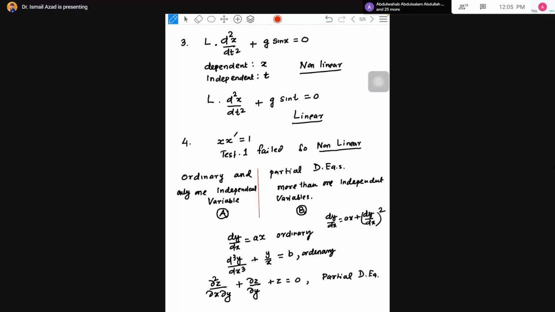What is the problem? Here also the independent is x, dependent y. It is the same. Absolutely no problem.